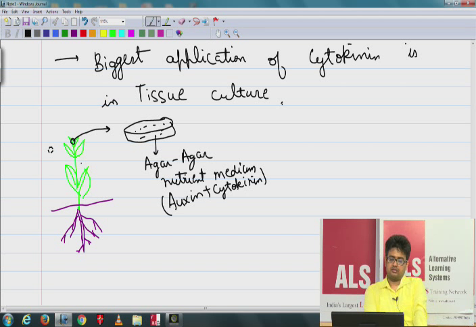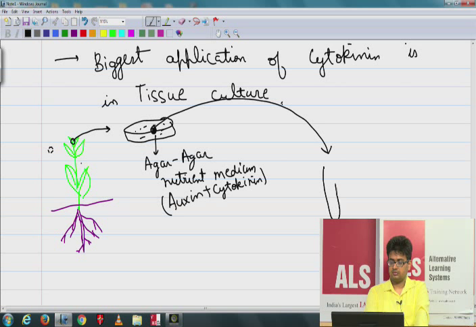Auxin and cytokinin. Now we take it out, and we put it in another medium. Sorry, one step has been missed.